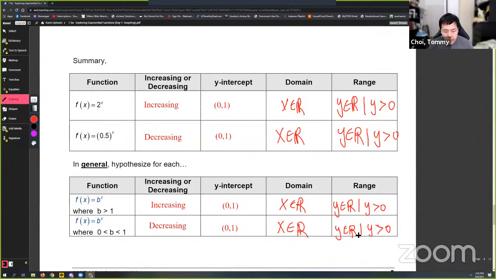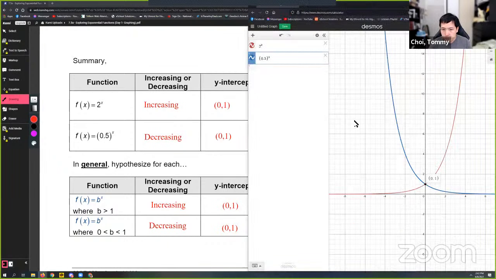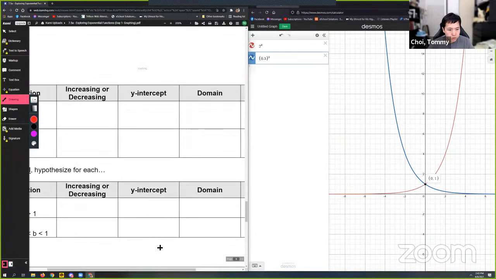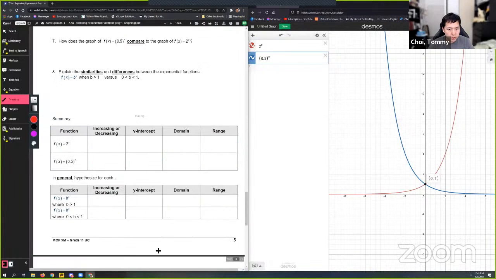So regardless of whether or not it's a 2 or a 0.5, if I graph multiples of this, we should be able to see and understand that it's going to be consistently the same. So I'm just going to zoom that out here on the left side.